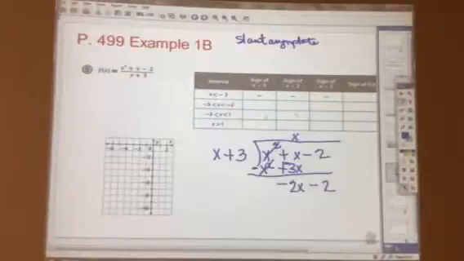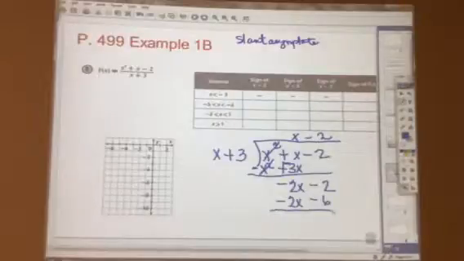Negative 2 times. Distribute. Negative 2x. Negative 6. Change the signs. Plus. Plus. Negative 2 plus 6 is 4, and those cancel.